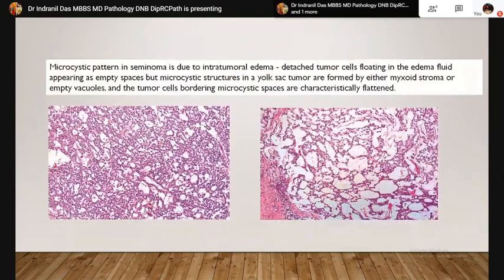The microcystic pattern in seminoma is due to intratumoral edema. Detached tumor cells floating in the edema fluid may show microcystic histological features, but the microcystic structures in yolk sac tumor are formed by either myxoid stroma or empty vacuoles, and the tumor cells bordering the microcystic spaces are characteristically flattened.